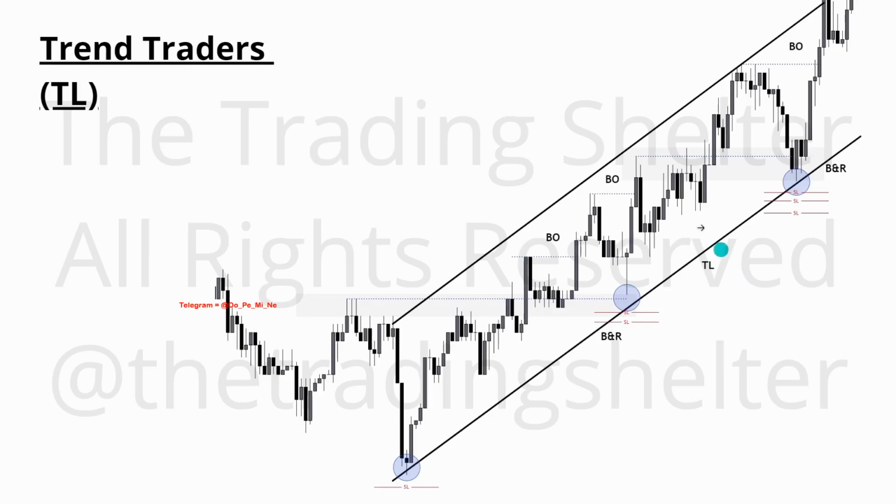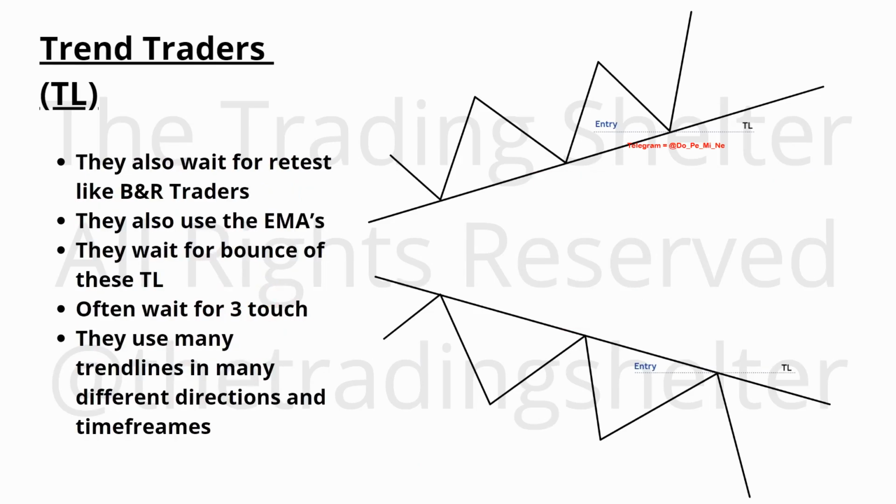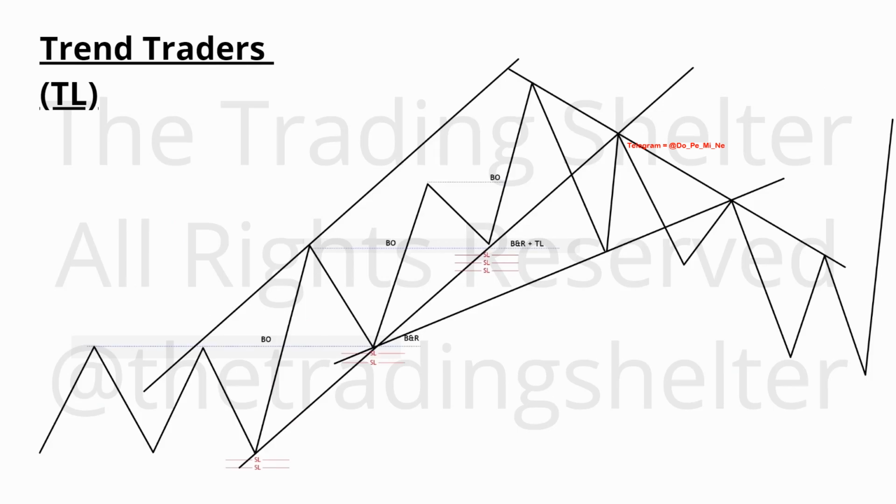Okay? Remember when we discussed that they can use trend lines in multiple directions? I'll show you exactly how they see it sometimes. Now I decided to not put the stop losses here because it would be a complete mess and it would confuse you.